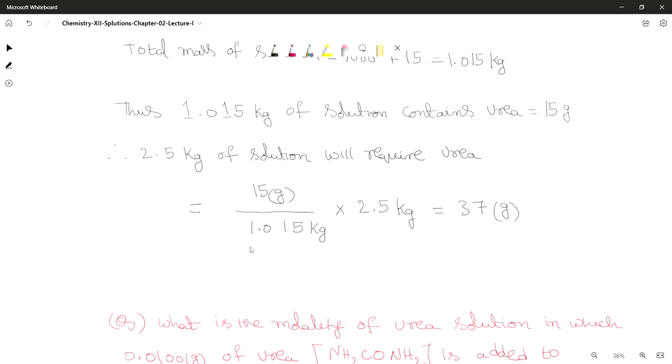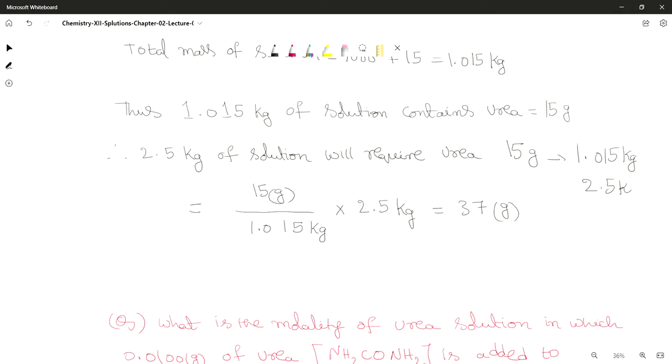I think I'll just explain this. Maybe you are a little bit confused, so I'll just plug the things here. You have 15 grams that is present in 1.015 kg. Okay, 15 grams is present in this, and now you need about 2.5 kg, right?